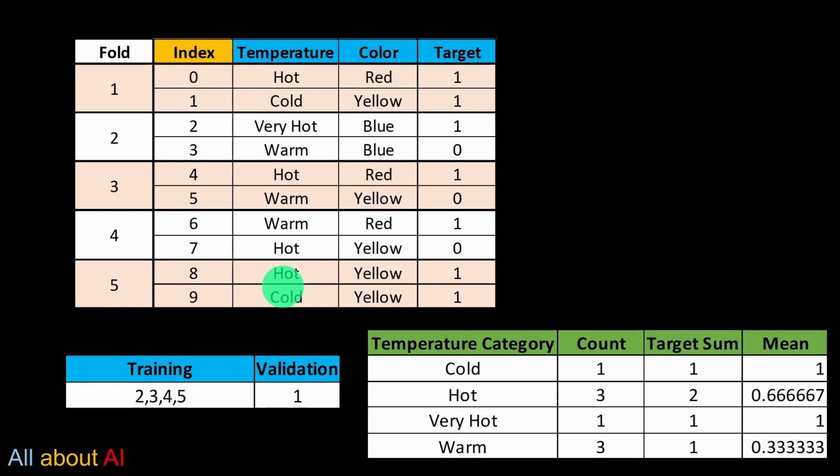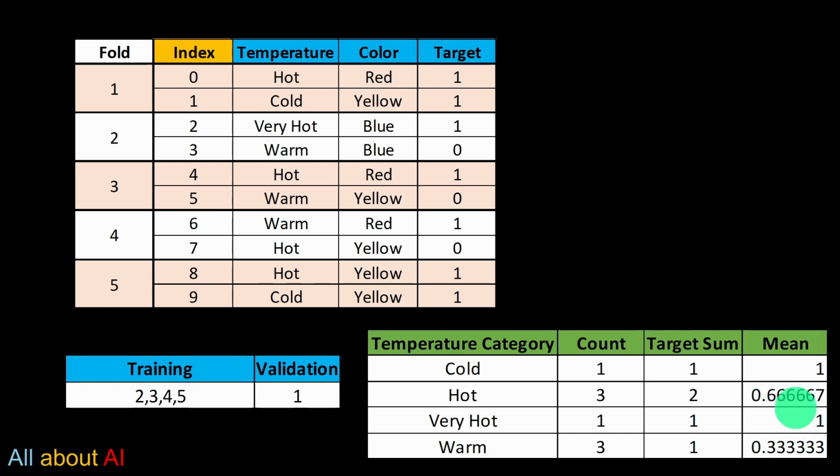Similarly, for hot, it is 1 hot here, 1 hot here, 1 hot here. So a total of 3 hot, and the target is 1 here and 1 here, which means 2. That's how we get the count and target sum for very hot and warm. Now if we calculate the mean, this will be 1, this is 0.6667, 1, and 0.333.